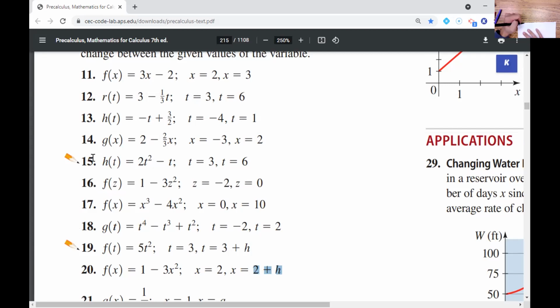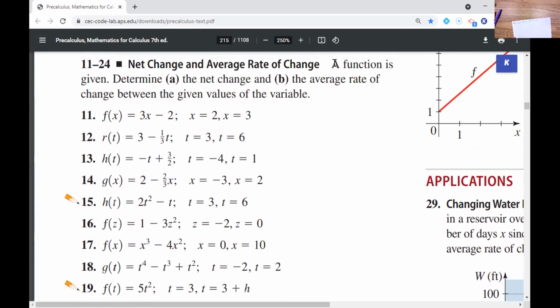It says h of t equals 2t squared minus t, where t equals 3 and t equals 6, right? And the directions say a function is given.